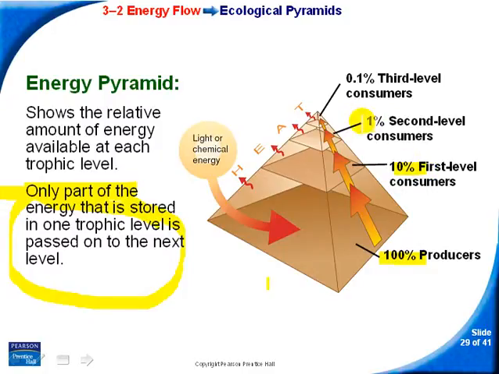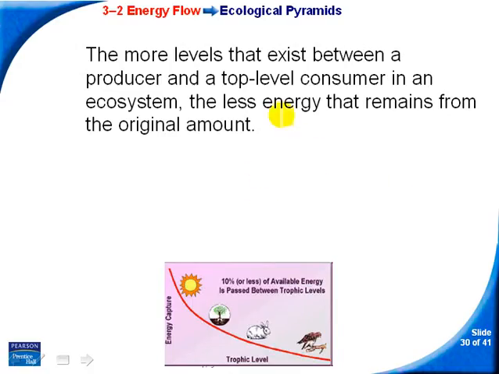And then there's only 1% here, which is also 1/10 of 10%. And then there's 0.1%, which is 1/10 of 1%. So every time it goes up a trophic level, only 10% of the energy is available to the next level.